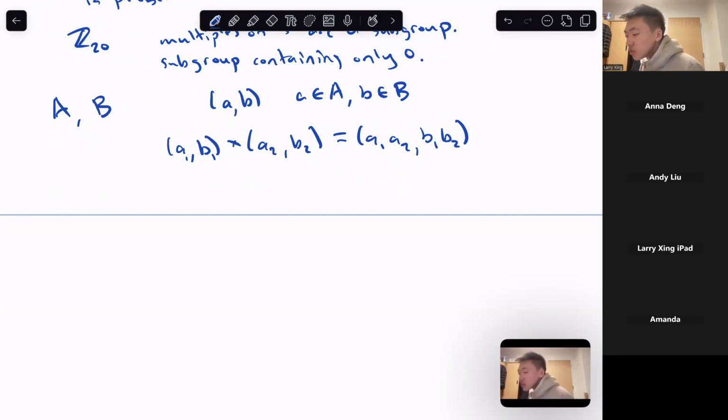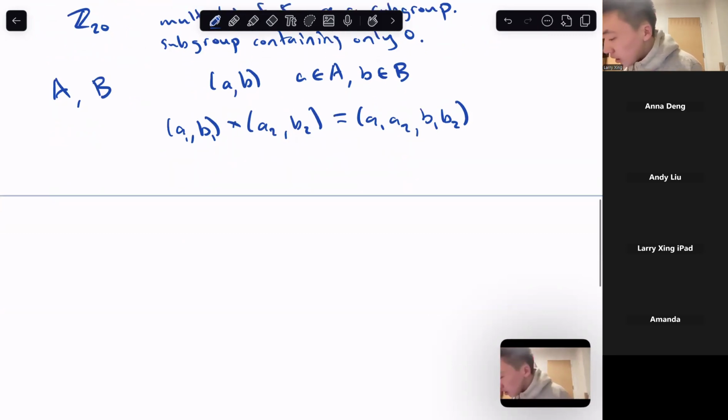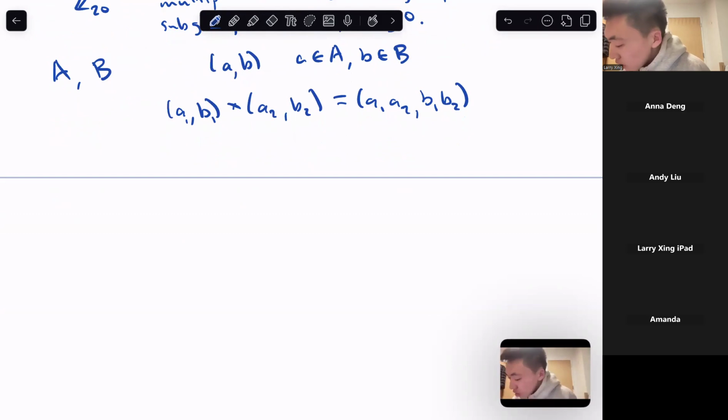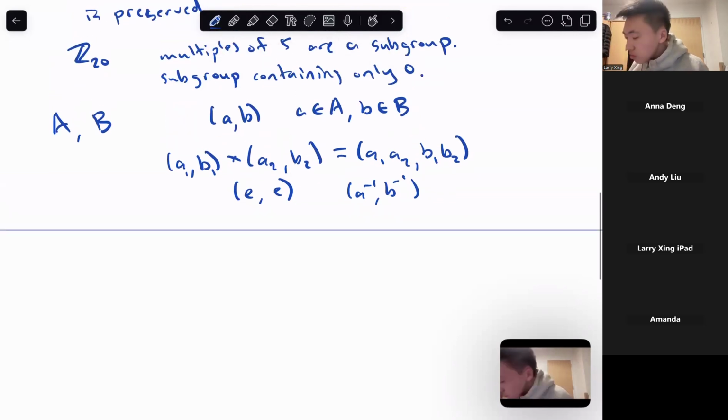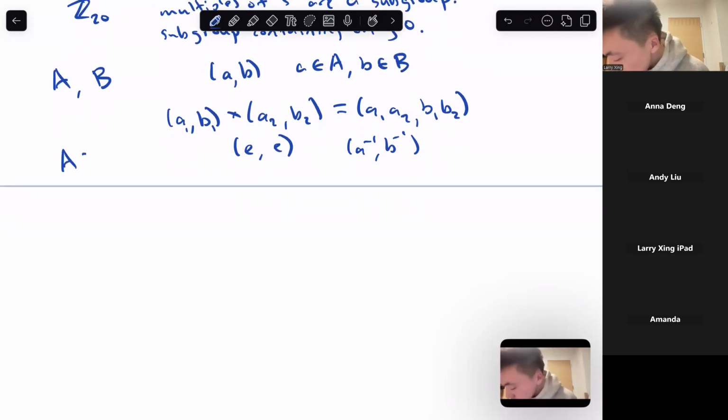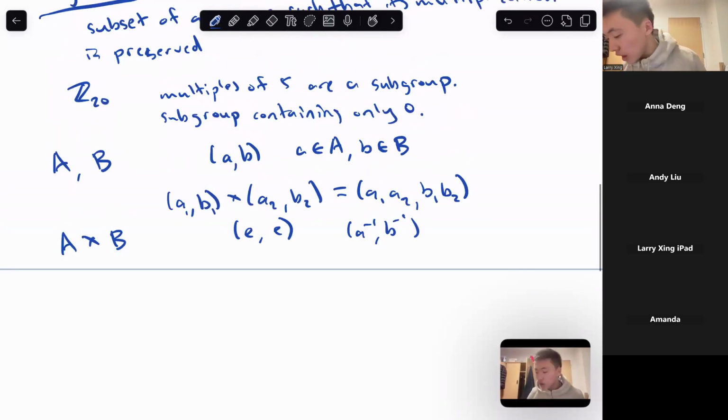And this actually defines another group, pretty obviously, where the identity is E for A and then E for B, and the inverse is (a inverse, b inverse). This group we would denote A times B, the product group of A and B.